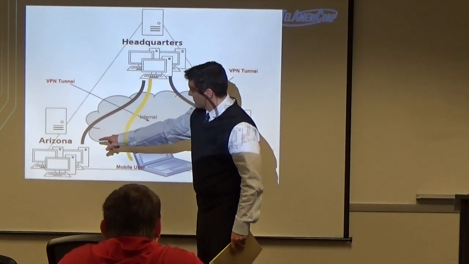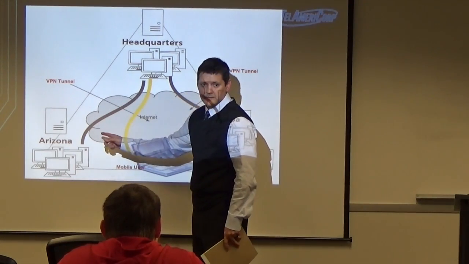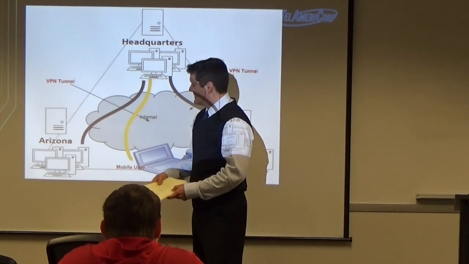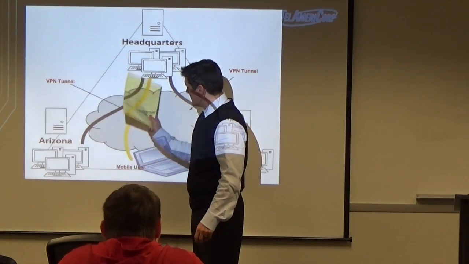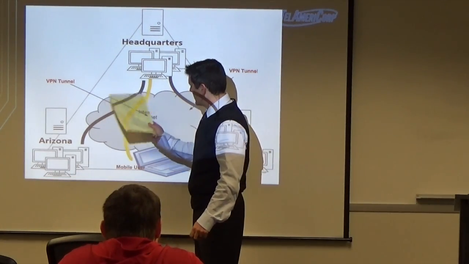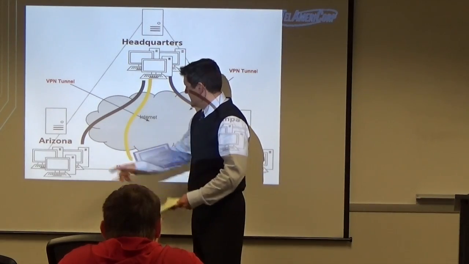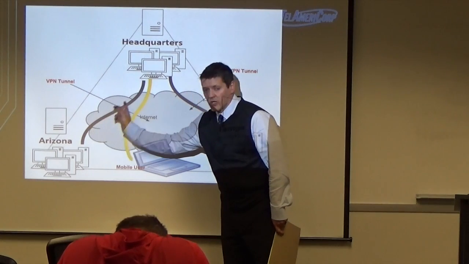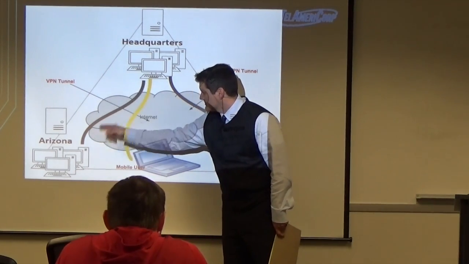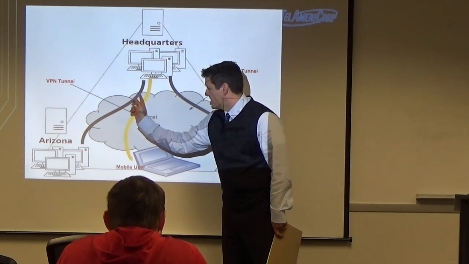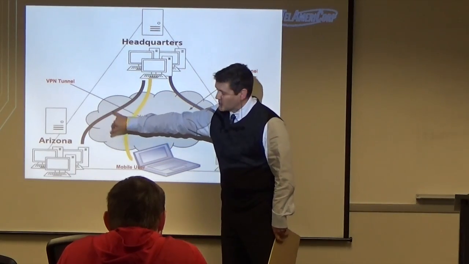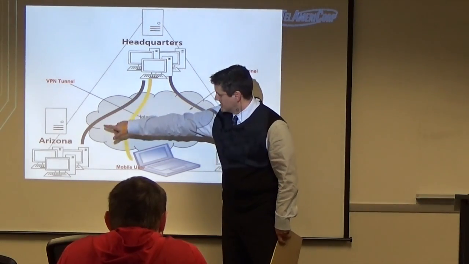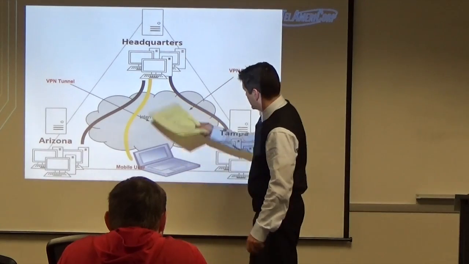What a VPN, a virtual private network, does is it's a point-to-point connection where you can securely go through the internet, a public network, to an internal network. Right here I have an example. It's a tunnel. It provides a tunnel through the internet, so people can't access information that's being sent through that tunnel.